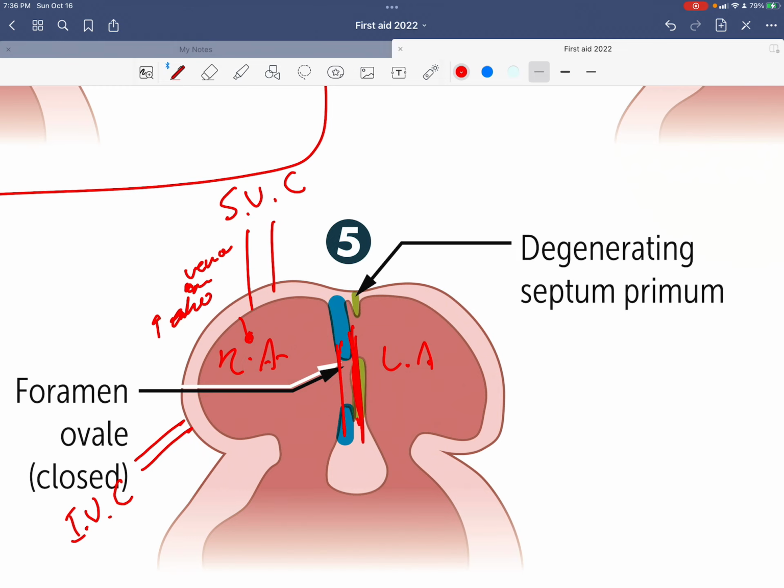In a normal newborn, or normal human, that should be closed, so there is no easy connection in here. But let's guess someone has patent foramen ovale, like this one, or someone who has atrial septal defect. It's also a defect in the same place, in between the two atria.